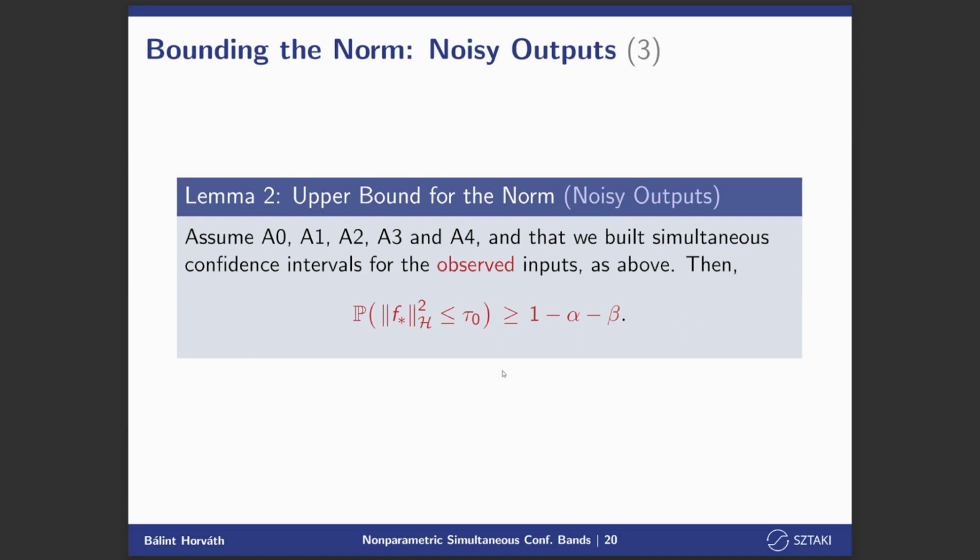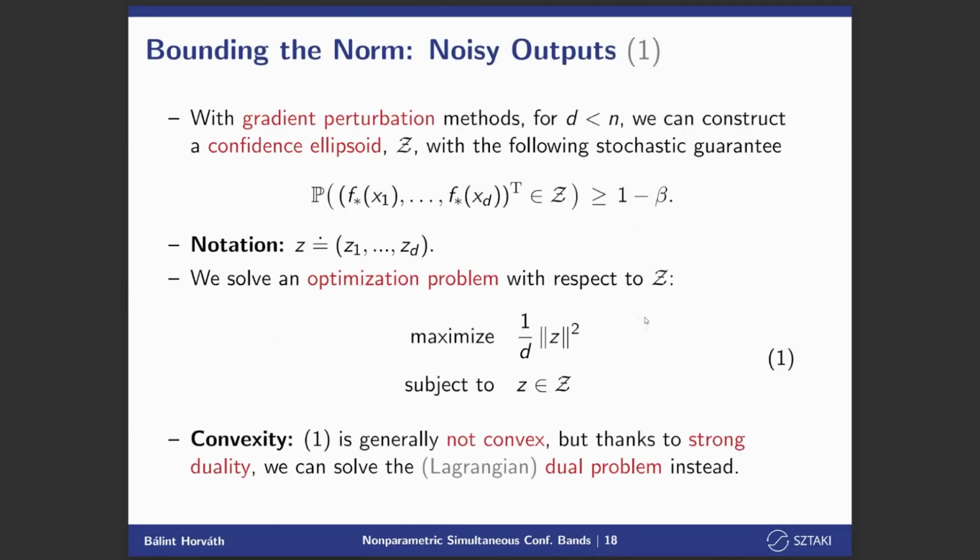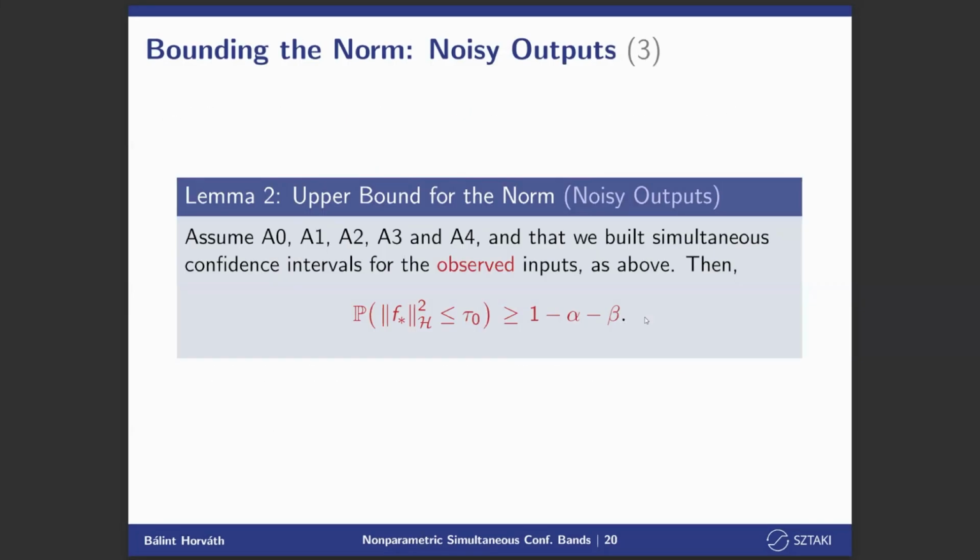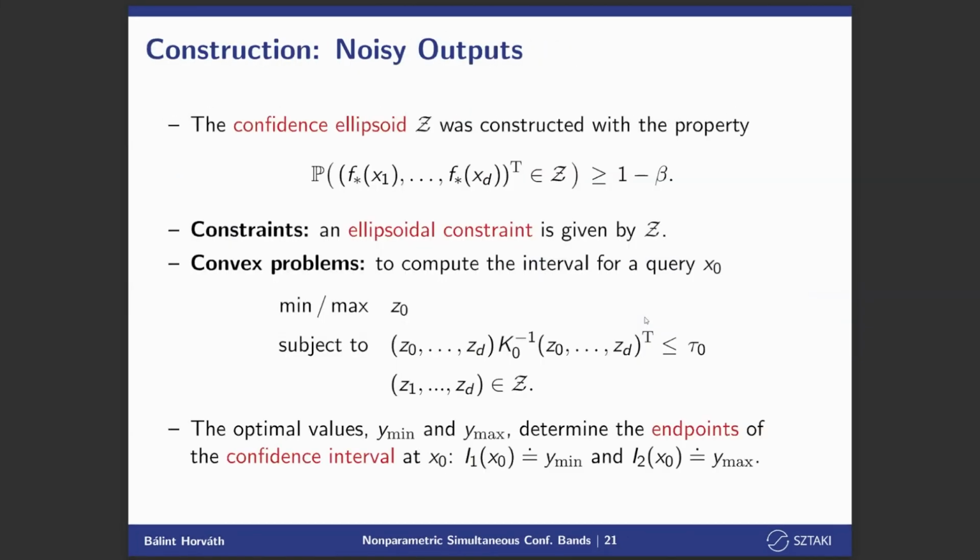As you can see here, the statement is quite similar, only that one more source of uncertainty comes into the picture. So the alpha comes from the upper bound uncertainty, and this beta uncertainty comes from the confidence ellipsoids for the inputs. So there are two factors in the noisy case.